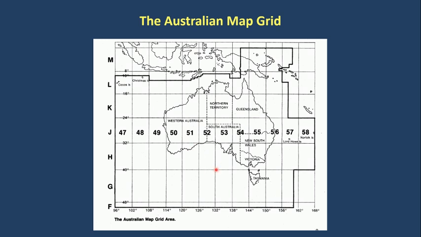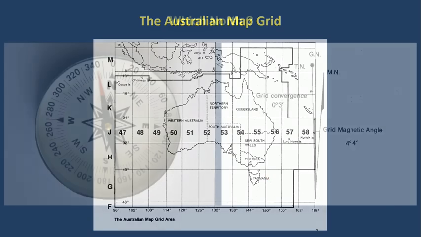Here, using a grid system, we gave the coordinates as actual distances from some false origin or starting point of the grid. So rather than degrees of arc around the spherical shape that we're using to define the Earth, we're instead using distances along some flat plane, similar to Cartesian geometry.